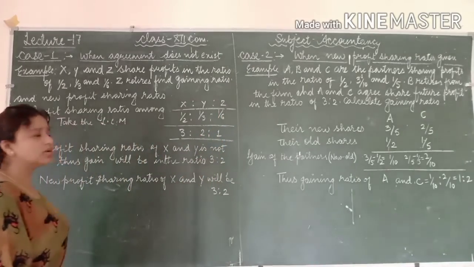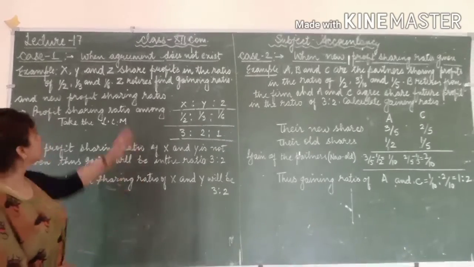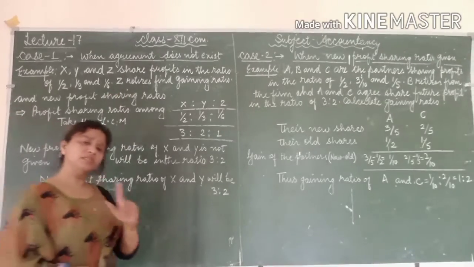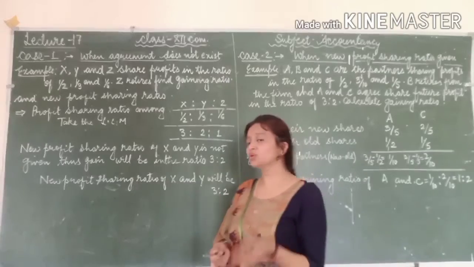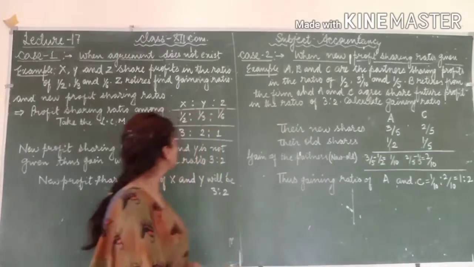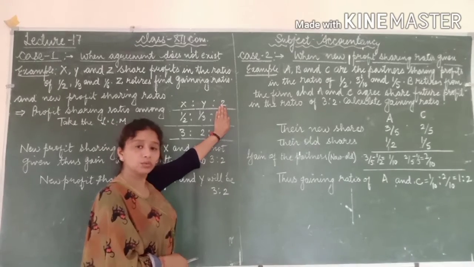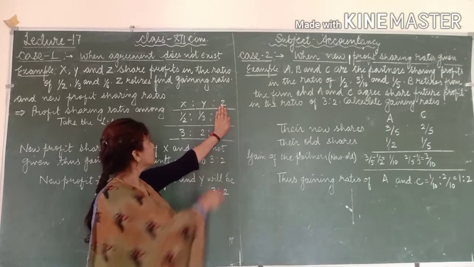Now who is the retiring partner? The new profit sharing ratio is not given. Who is retiring? Z is retiring. We have already discussed how to calculate the gaining ratio, and the formula is just the same. Put your hand over the retiring partner. Who is going? Who is retiring? Now who is left behind? X and Y. What is their share?